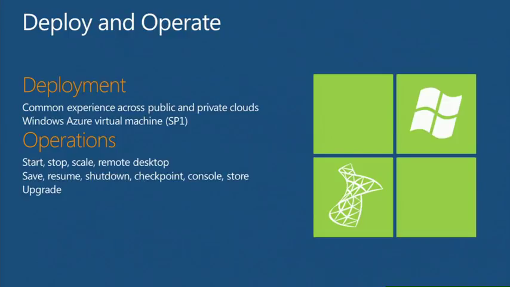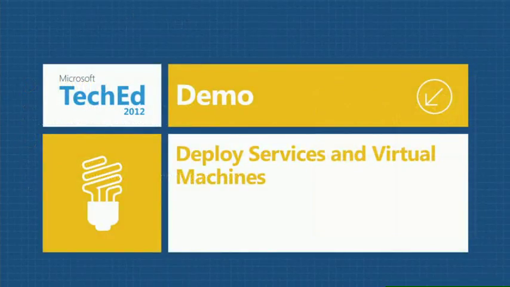So even though Azure Platform as a Service is very different from an on-premise VM, the interface we have for deploying and managing is very similar. It gives you that seamless experience. So I'm going to show that. And it's consistent even for the virtual machine role in the Azure IIS as well.